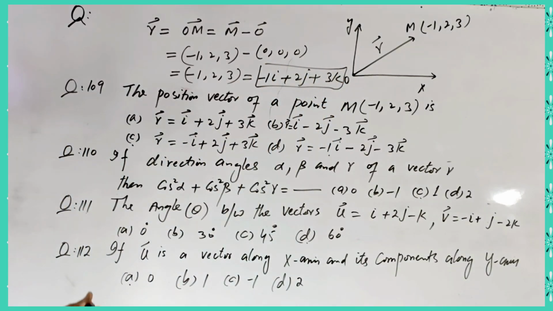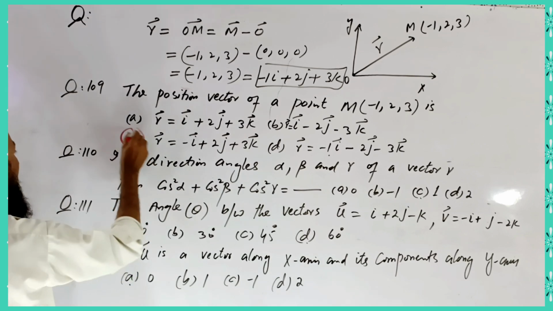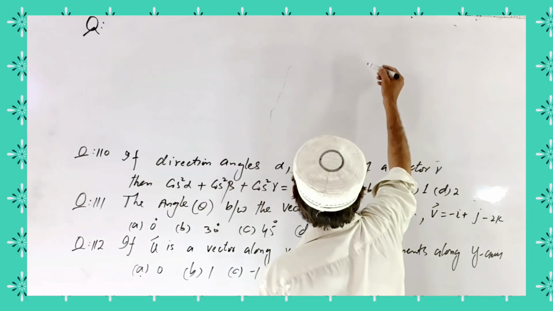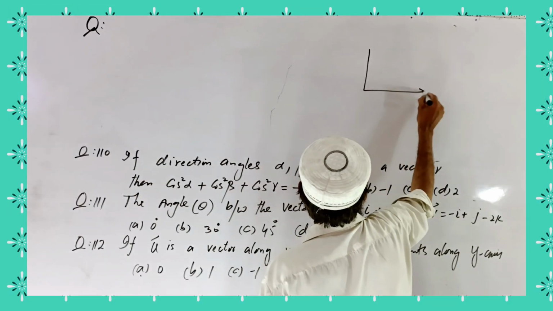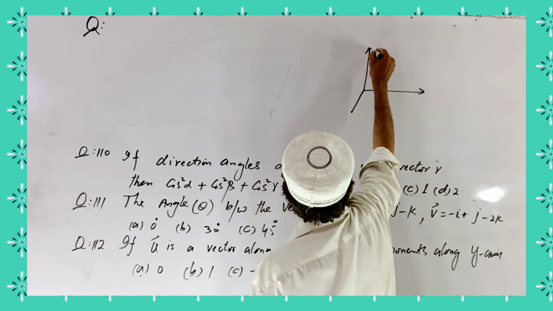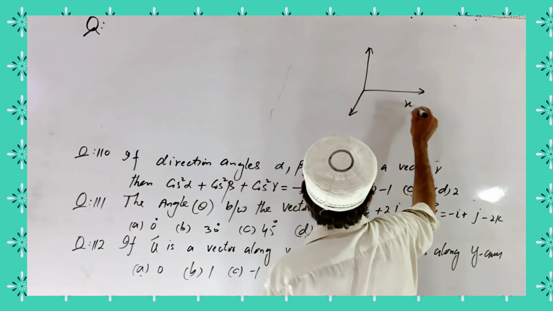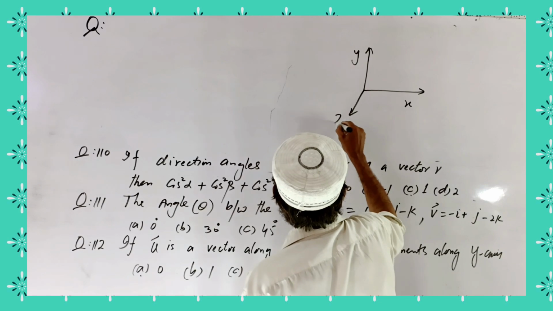Now we check the answer here. The answer is C, the correct option. In three-dimensional coordinate system or space, we can say this is the x-axis, y-axis and z-axis.